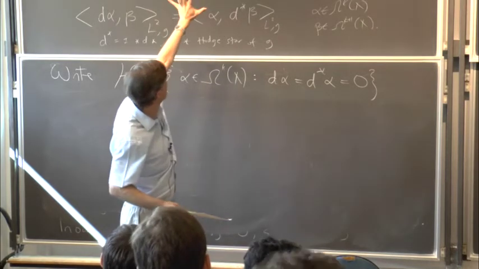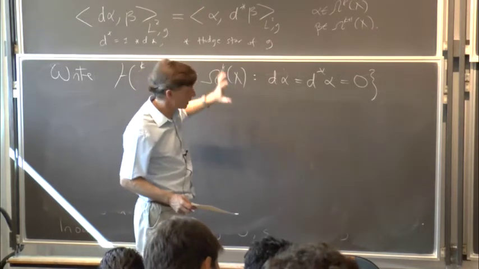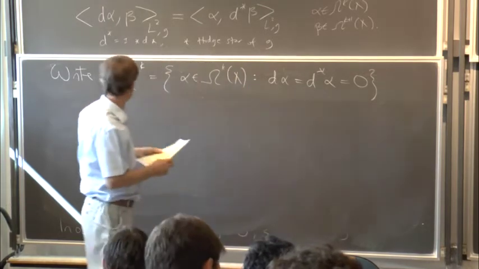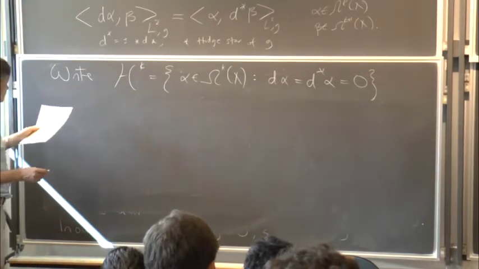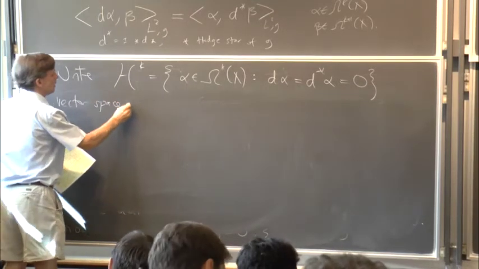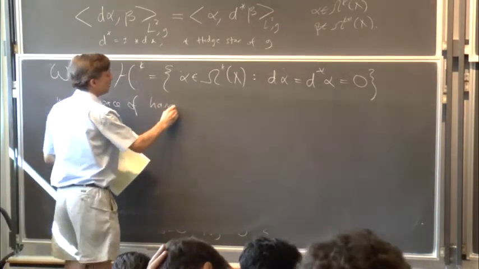Well, on a compact manifold, harmonic might also mean the kernel of d*d + dd*, but it's the same in this case. So this is the vector space of harmonic k-forms.